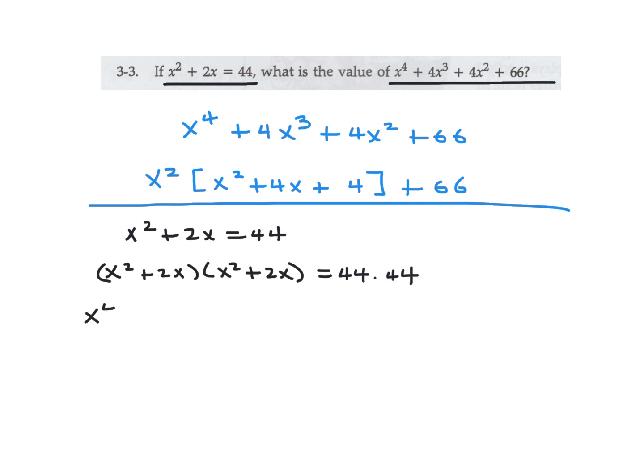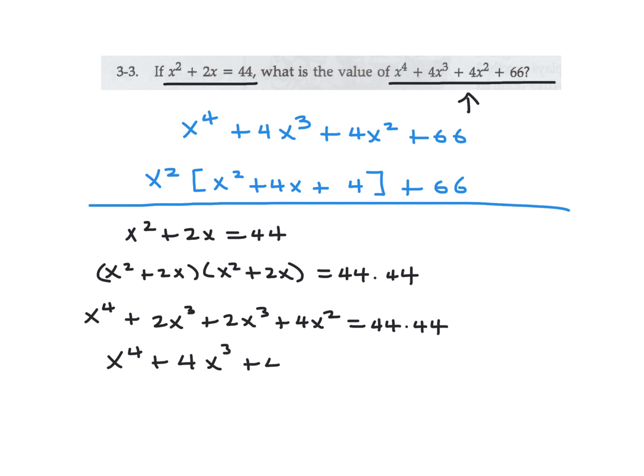And let's see what I get when I expand. So this looks like x to the 4th plus 2x cubed plus 2x cubed plus 4x squared. Is this 44 times 44? Okay, this is starting to look like the expression up there. So x to the power of 4 plus 4x to the power of 3 plus 4x squared is equal to 44 squared.